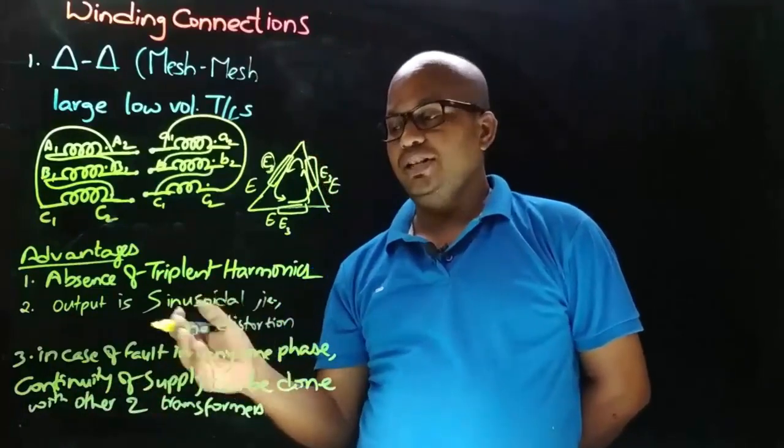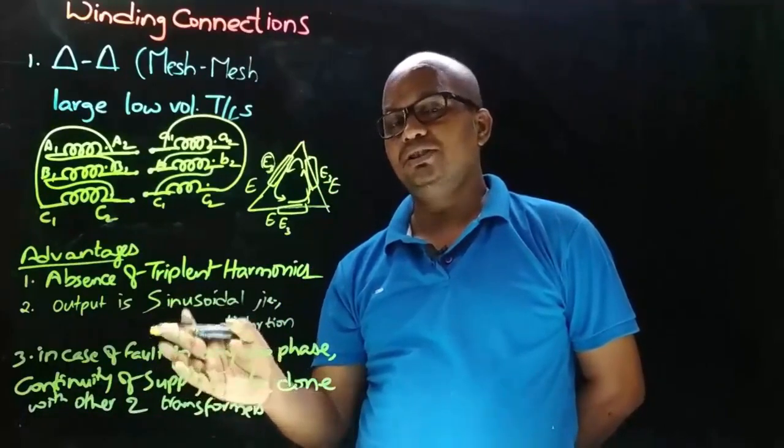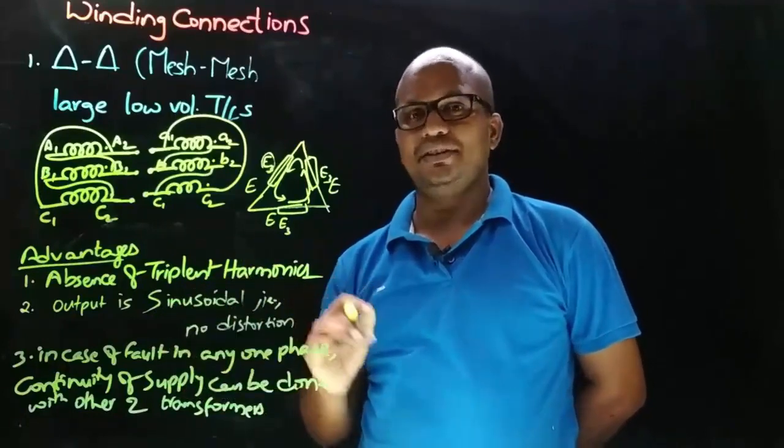Means here if there is a fault in any one of the transformers, then the continuity of supply can be maintained with the other two transformers, that is by open delta connection. That will be discussed later.